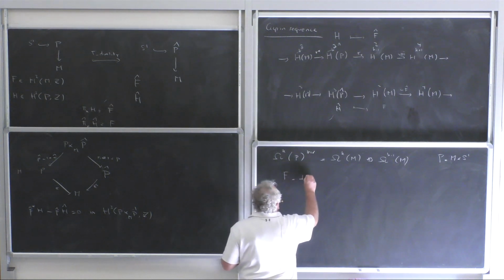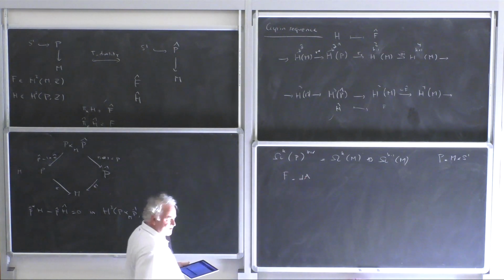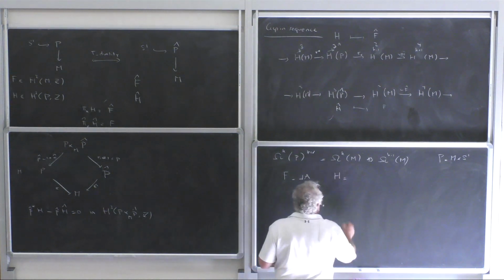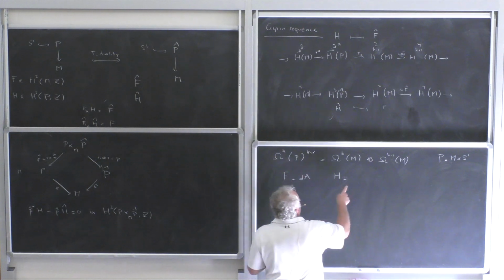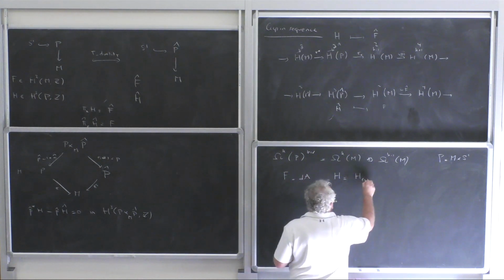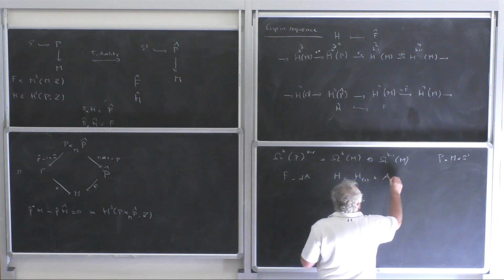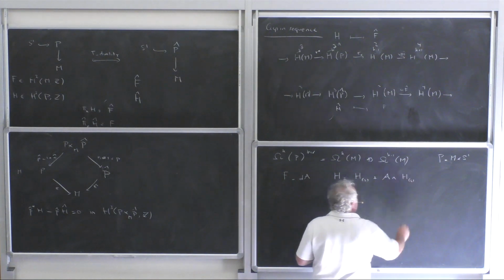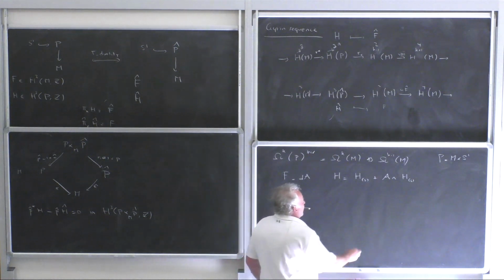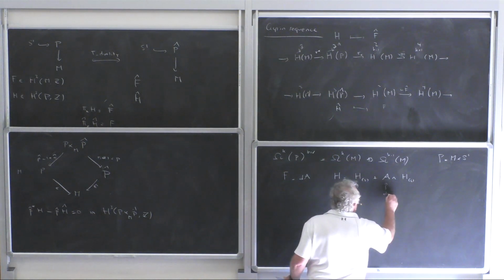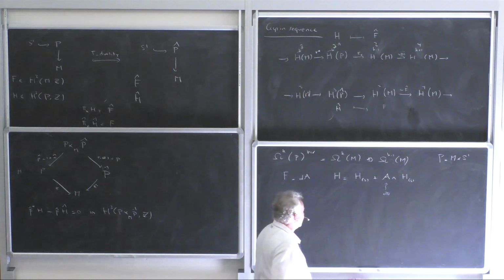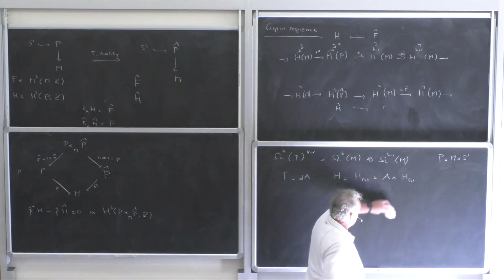So locally I can write F as the d of a connection, and then I can write H, this three form on P, if the form is invariant, as a three form on the base plus a wedge a two form on the base. So this is a generalization to non-trivial bundles. Yesterday I had the d theta, which is the trivial connection, or the connection on the trivial bundle, but you can do this more generally.